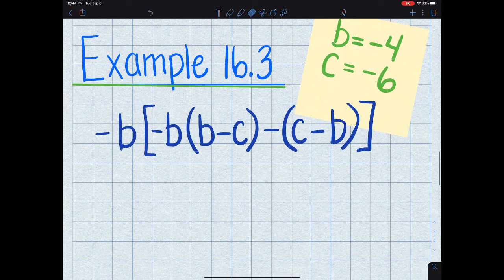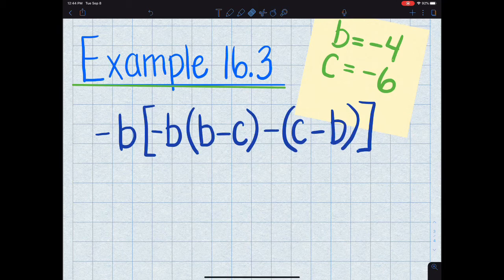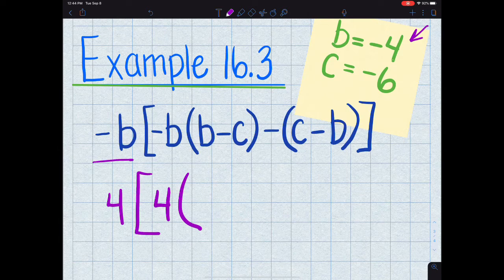Okay, so let's plug in those expressions. All right, so we're going to start with -b, and that's the opposite of this, so we're going to make it a +4. Okay, and then it's going to be another -b, which is the opposite, so +4. And then on the inside is just b minus c.